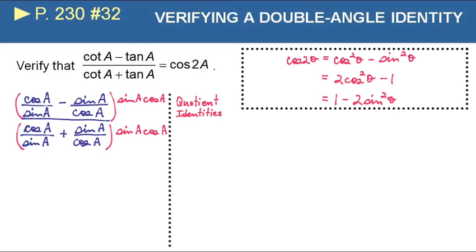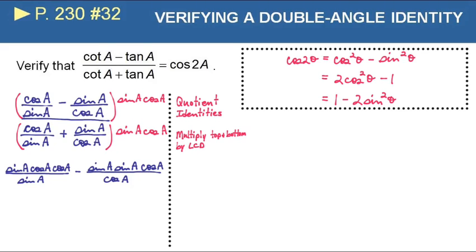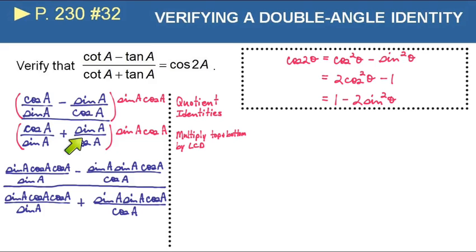So now you can actually distribute sine times cosine to each fraction. And so I've done cosine over sine times sine cosine, and sine over cosine times sine cosine, and in the bottom, same thing, cosine over sine times sine cosine, and sine over cosine times sine cosine.